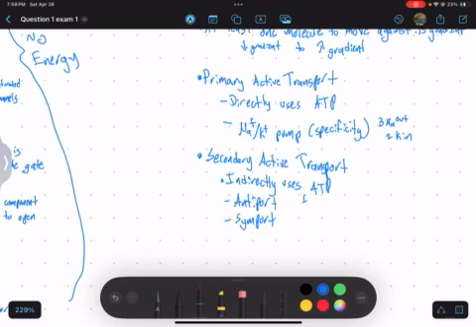Antiport is whenever you have your concentration gradient, one of them is going to go against the gradient.